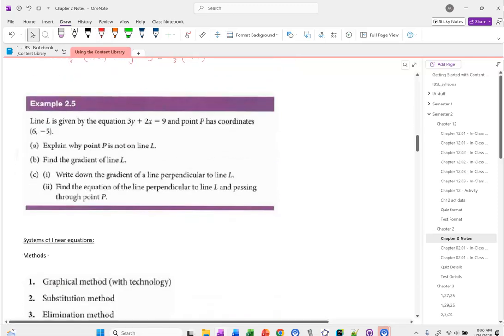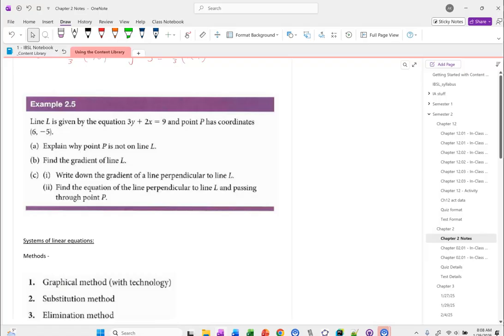Okay? Next example. L is given by the equation 3y + 2x = 9, and point P has coordinates (6, -5). Explain why P is not on the line L. Guys, what do we do here?